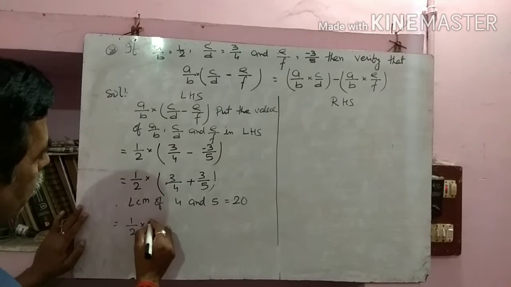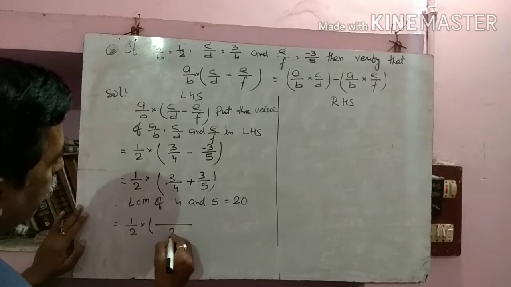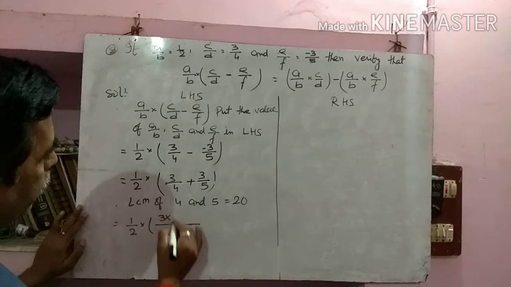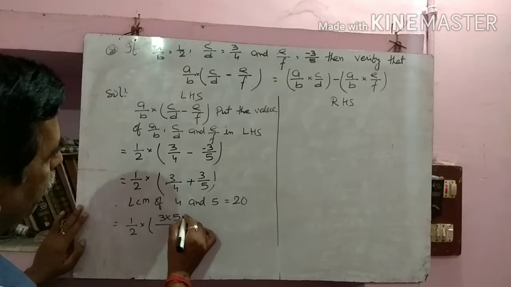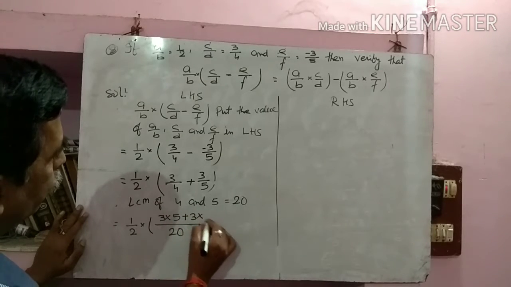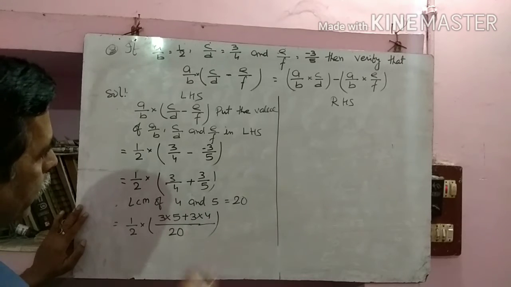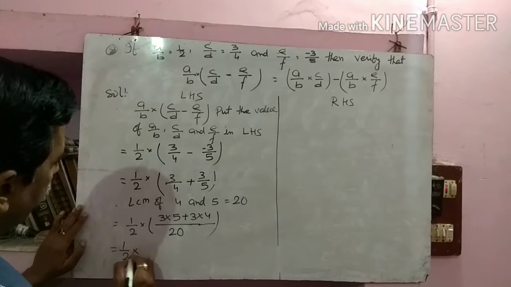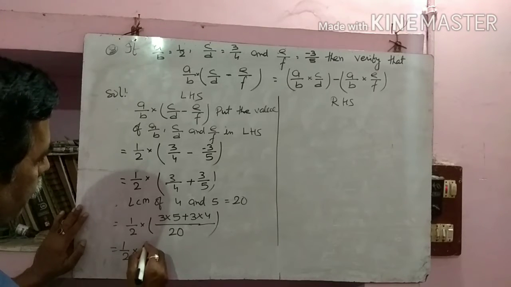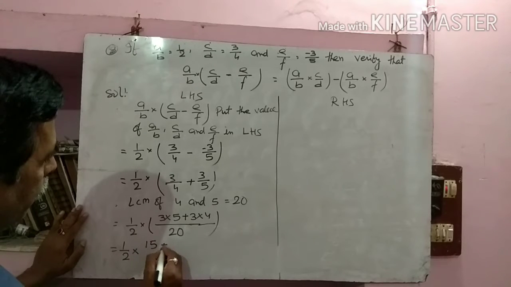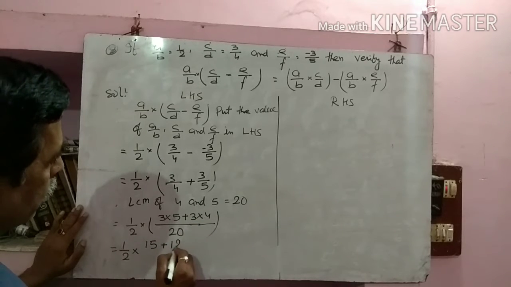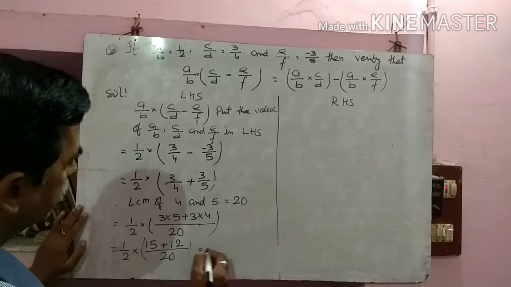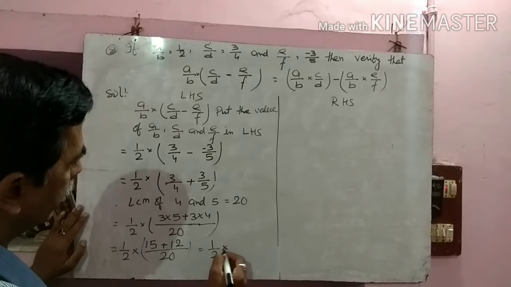So 1/2 × (3 into 5 is 15, plus 3 into 4 is 12) over 20, which is 1/2 × 27/20.